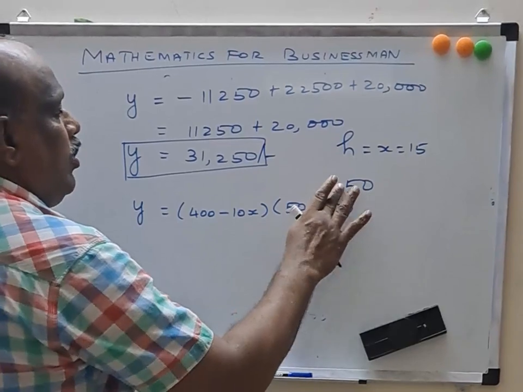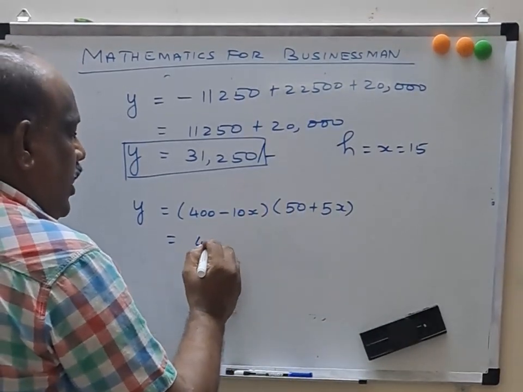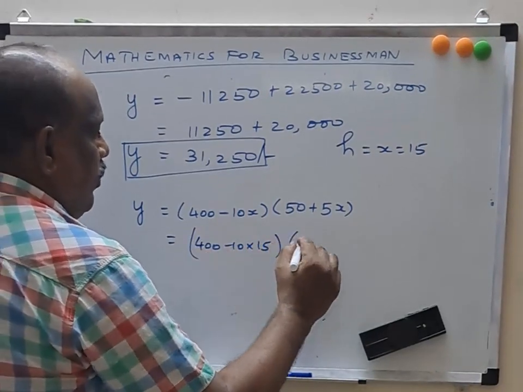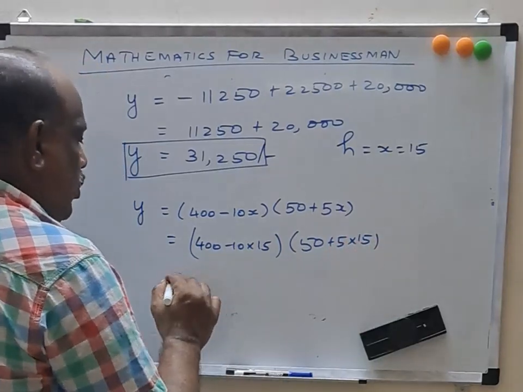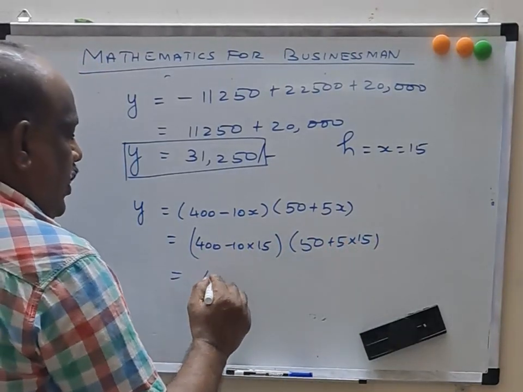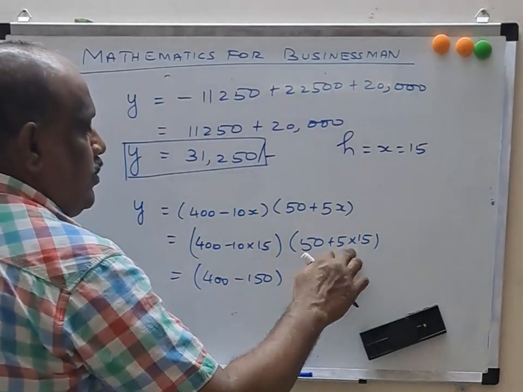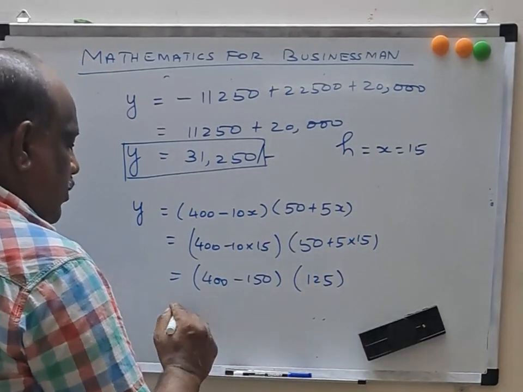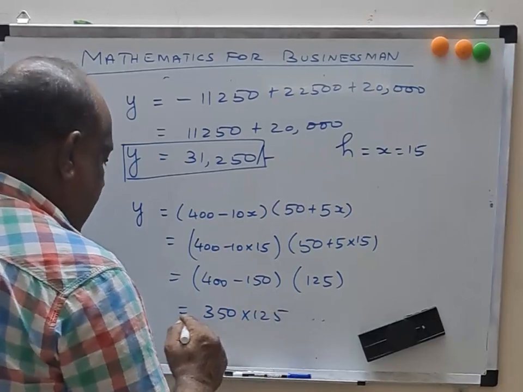Now we are going to have a 15 times hike. So 400 minus 10 into 15, into 50 plus 5 into 15. Multiplying, it will be 400 minus 150, and 15 into 5 is 75, so it's 125. So it will become 350 into 125.